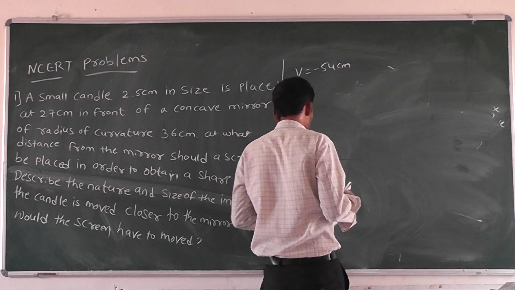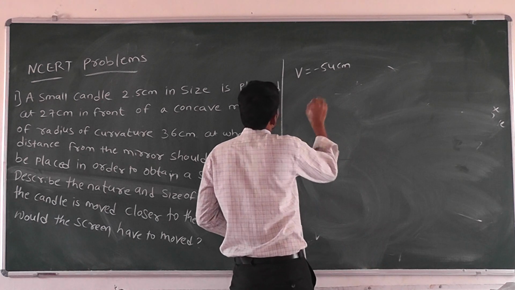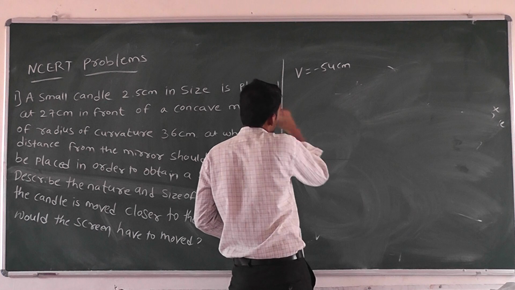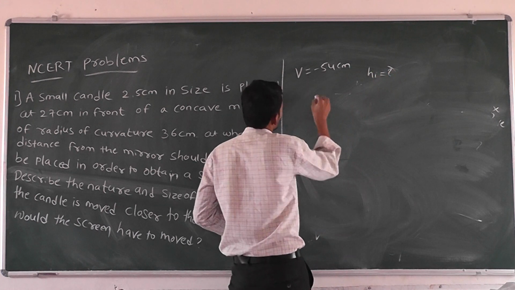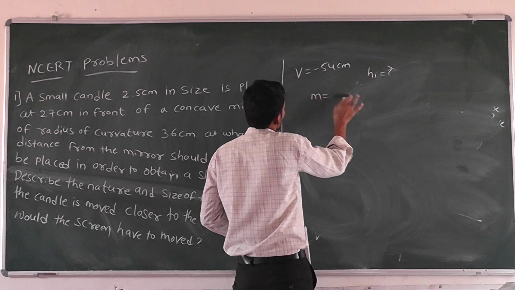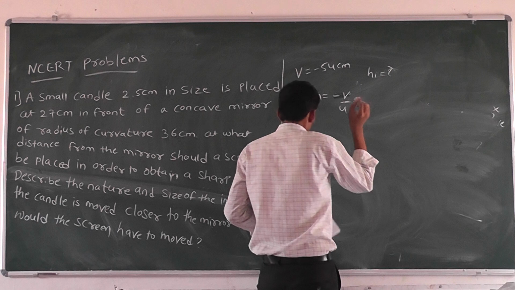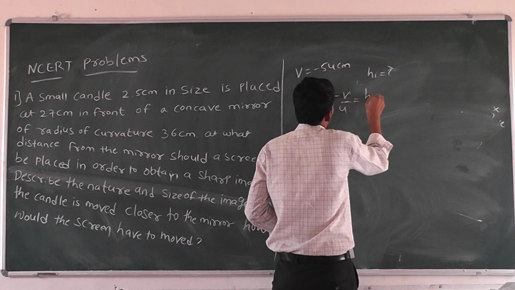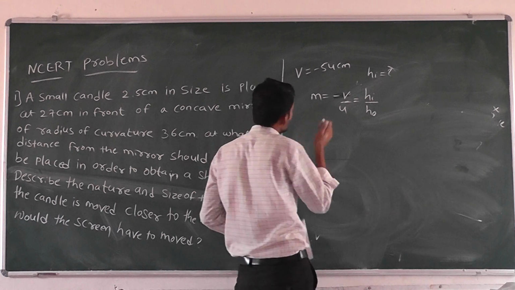Next we have to find out hi, the height of the image, by using the linear magnification formula. What is the linear magnification of a concave mirror? m is equal to minus v by u, and also hi by ho, the height of the image to the height of the object.